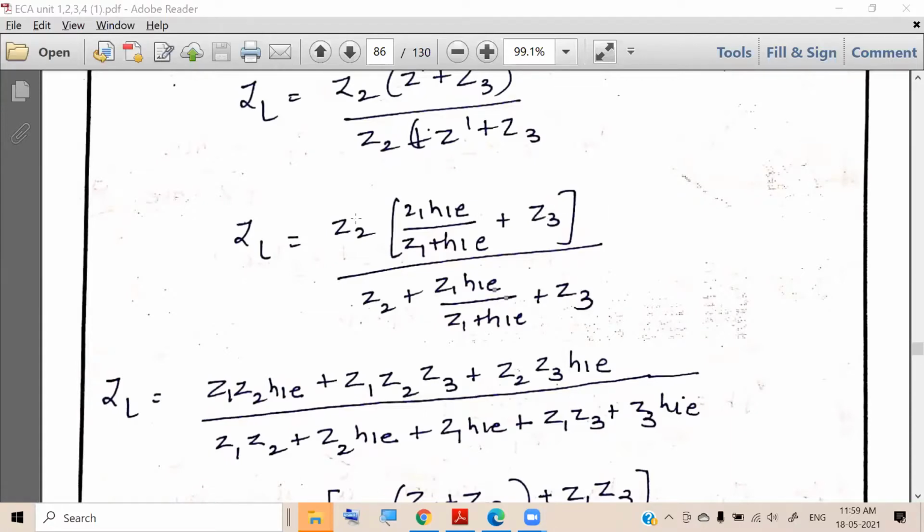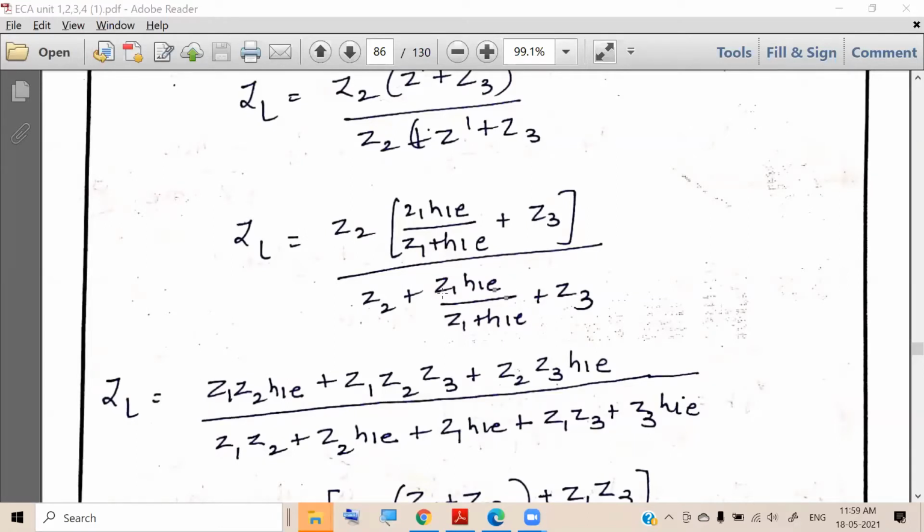That will be Z2, Z3, Z1, then Z2, Z3, HIE. So the numerator is completed.